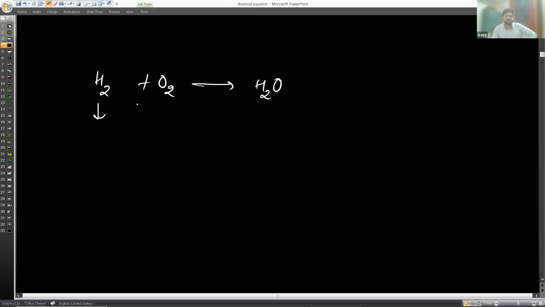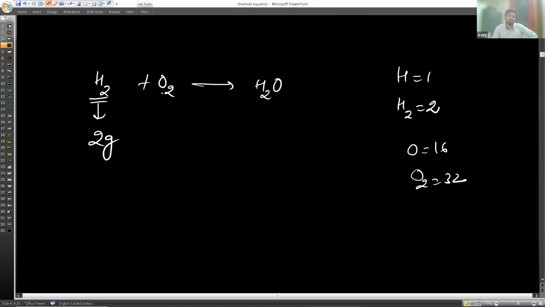One hydrogen atom has mass 1, so two hydrogen atoms will have mass 2. One oxygen atom has mass 16, so two oxygen atoms will have mass 32. So the total mass of 2 grams of hydrogen reacts with 32 grams of oxygen. It should give 34, but here it is giving one water molecule, whose mass is 2 for the two hydrogen atoms and 16 for oxygen.